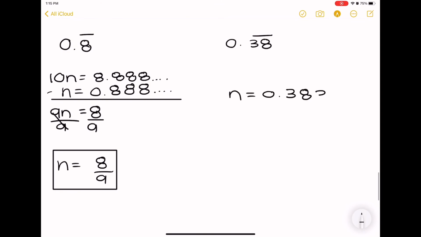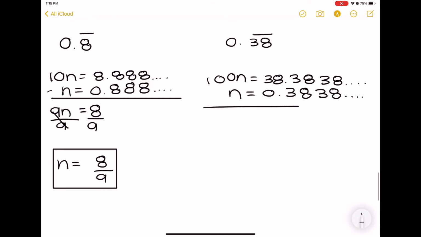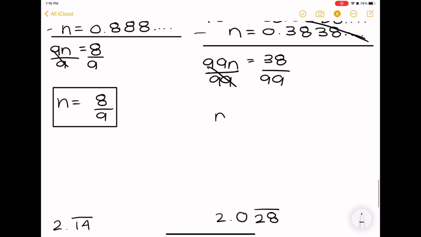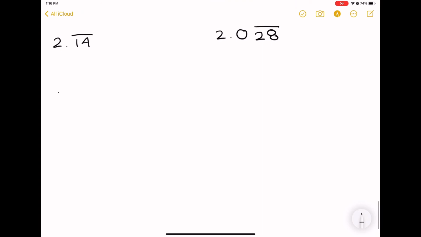Now for the next one, you're going to have n is 0.3838, and then 100n is equal to 38.3838. So then the part with the decimal, those cancel out. So you'll get 99n is equal to 38. Then you go ahead and divide by 99, and you'll get n is equal to 38 over 99 because there's no other way you can simplify it.